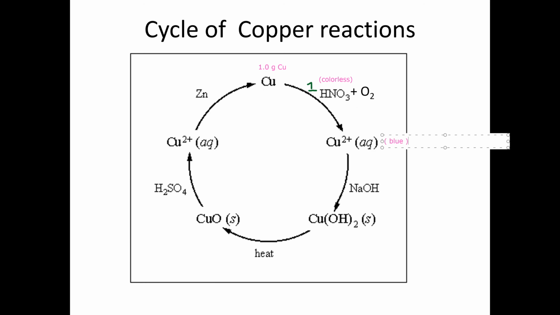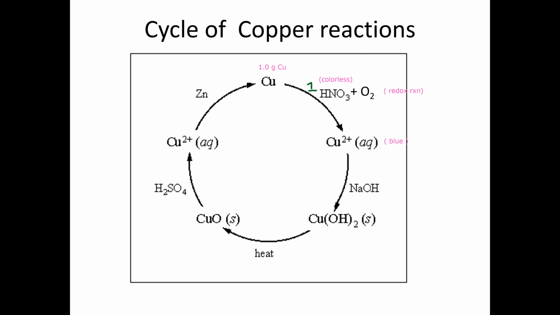So you're going to see the solution go from colorless to a creepy green color to a blue color. And the blue signifies the presence of copper 2+ in water. So that's step 1. Step 1 is a redox reaction. The way I know it's redox is because we have elements and they become ions.